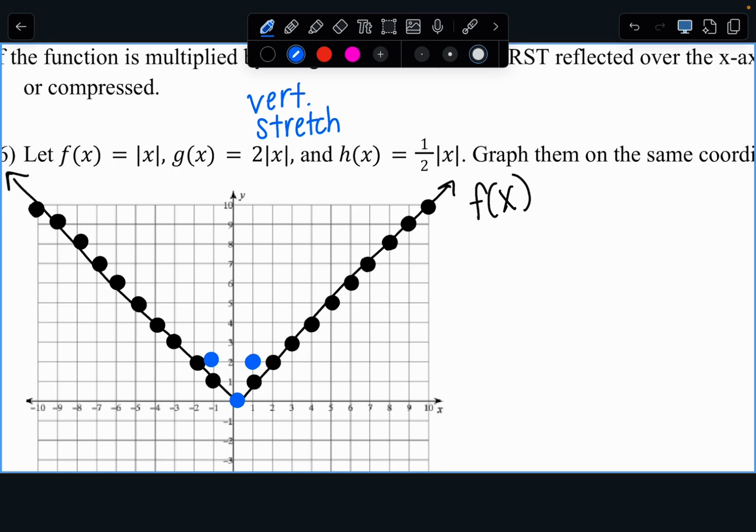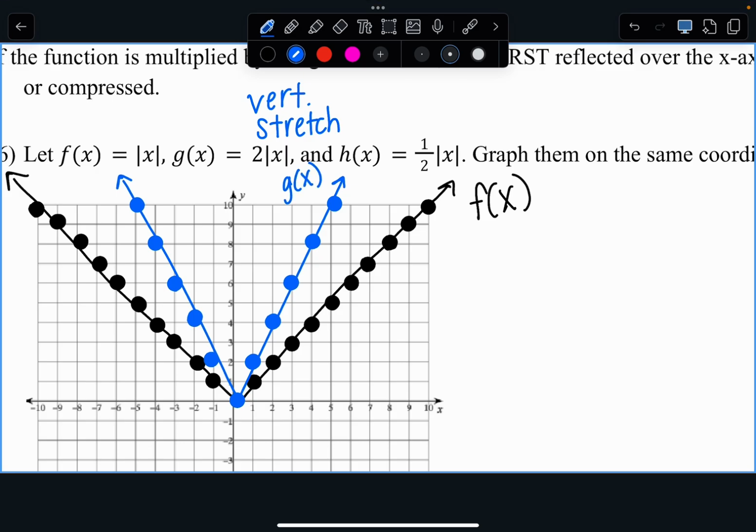And instead of 2, 2, we have 2, 4 and negative 2, 4. Three, 6, and negative 3, 6. 4, 8, and negative 4, 8. And 5, 10, and negative 5, 10. So that's g of x.